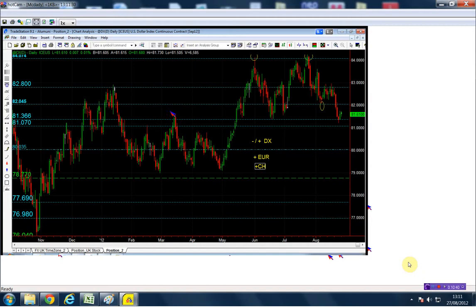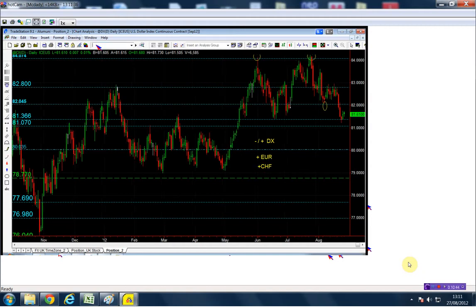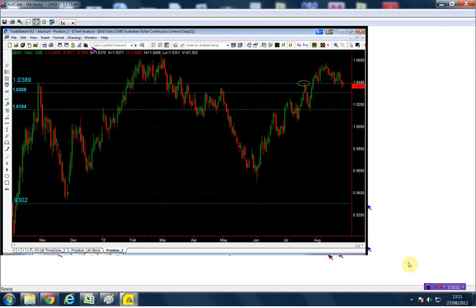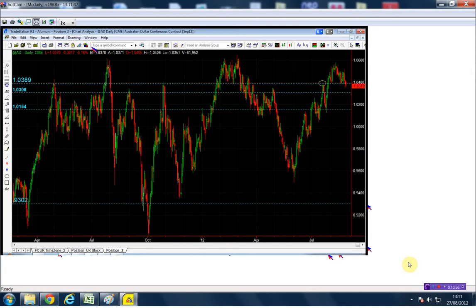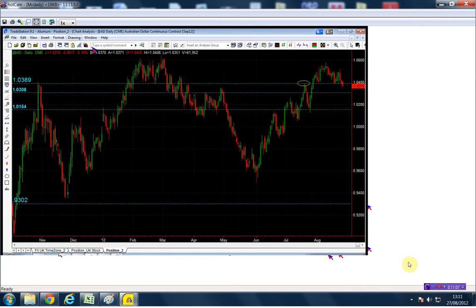Okay, now we're going to go to the la creme de la creme, the one that has a signal for us. This is the Australian dollar. As you see, we are trading now below the 103.89.